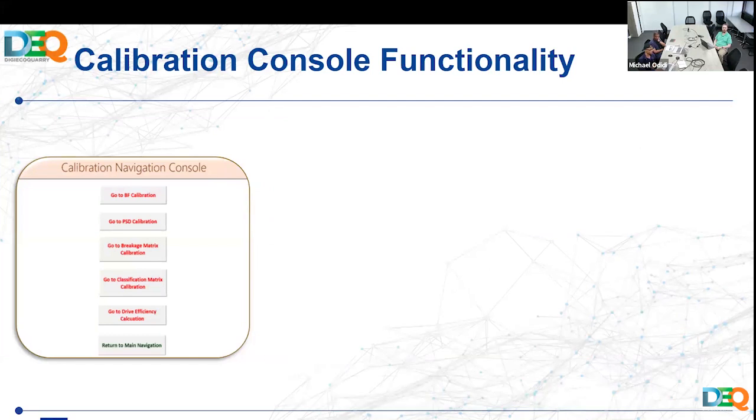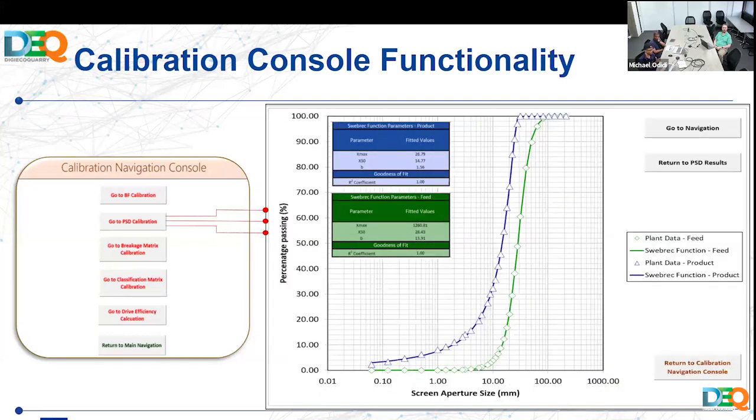The next function here is the particle size distribution function calibration. We understand that at the plant, you may have different instruments measuring particle size distributions, and these different instruments are going to have different size classes, or even if it's a manual sieve operation, you're going to have different sieve sizes in certain cases. So we needed to standardize the data that will be fed into the model.